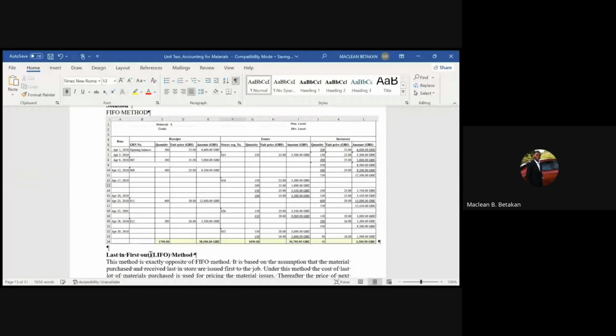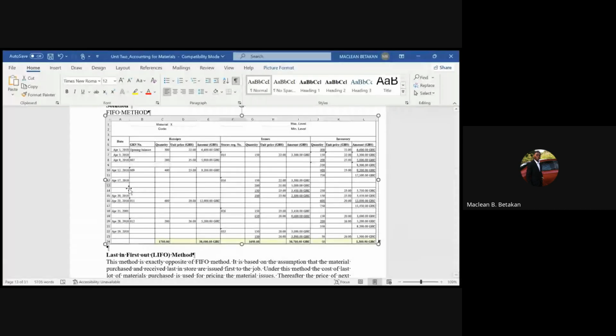If you are employed as a cost accountant and they say your work is to do inventory, these are the things you will be doing. But it's not difficult, because every day before you go home, you just do it. The following day, whatever you are issuing, you issue it out, or that same day.